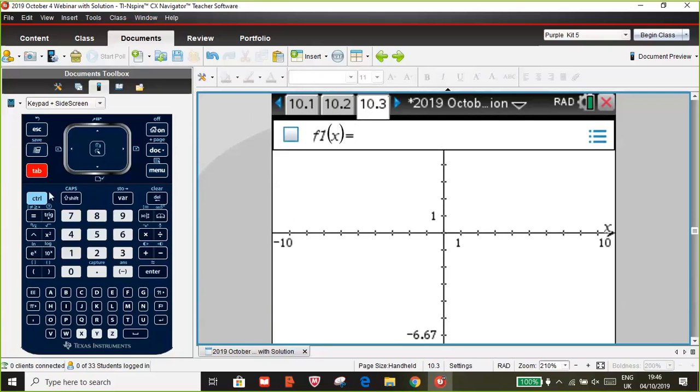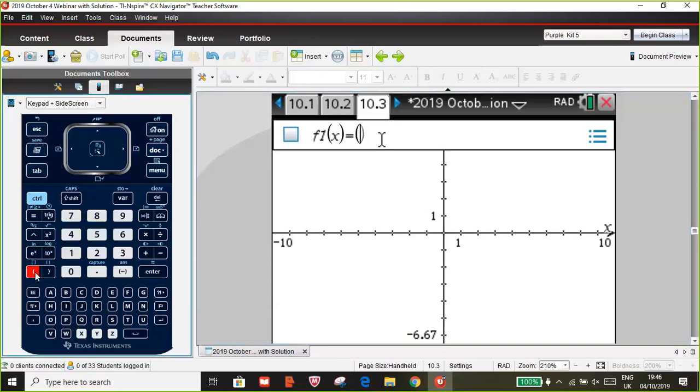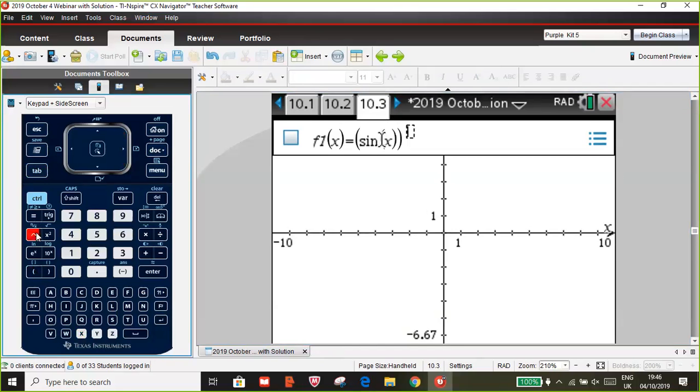So you have to key in sine x, then you cube it, plus ln x. Restricted domain, right? So restricted domain again.